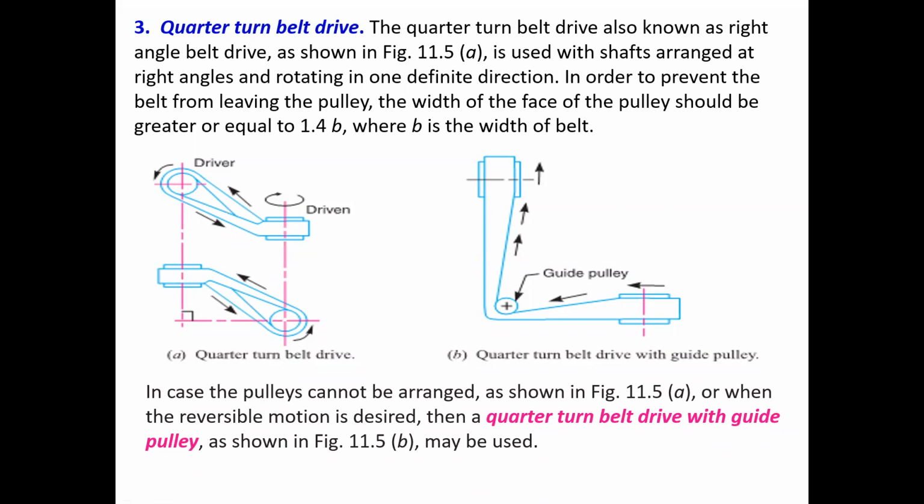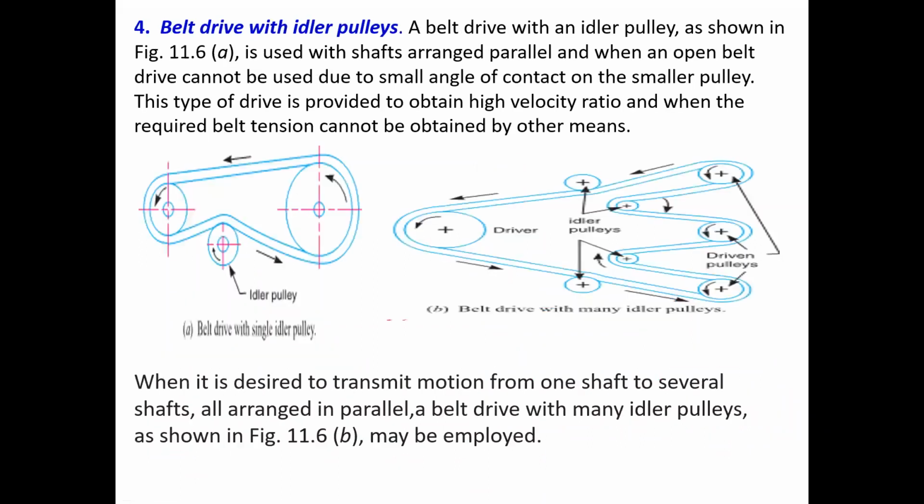And another one is belt drive with the idler pulley. So that means driver and driven are there, and additionally there is another pulley. That is the idler pulley. That idler pulley will also increase the tension, and may also help to maintain the velocity ratio.